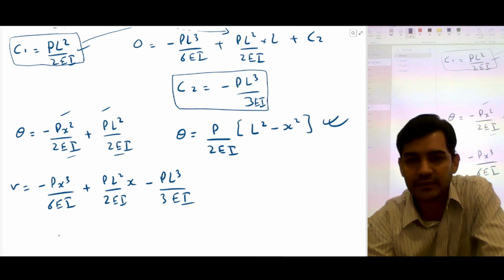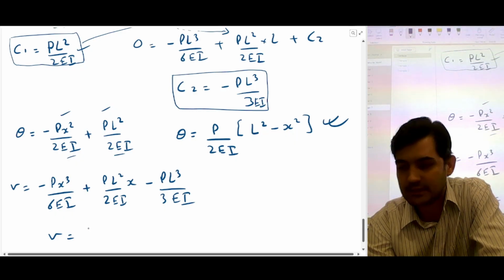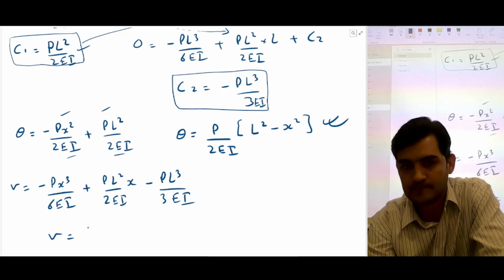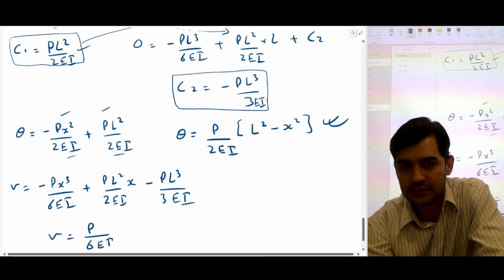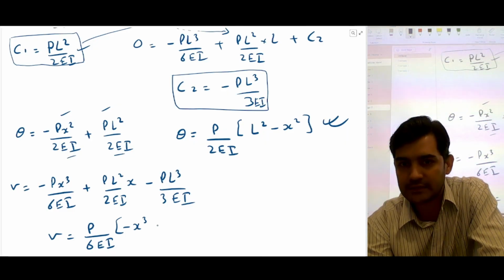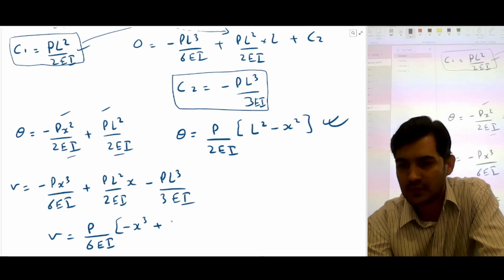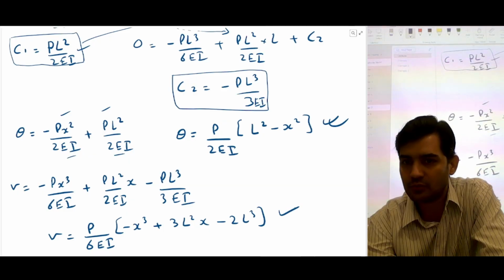So if you rearrange this, you're gonna get displacement as P over 6EI into minus x cube plus 3L square x minus 2L cube.